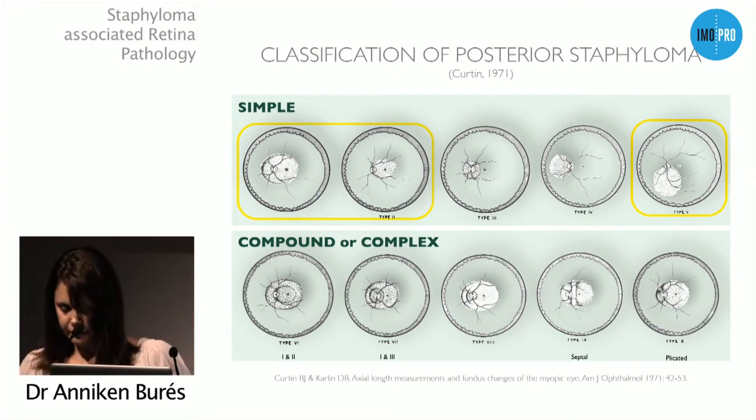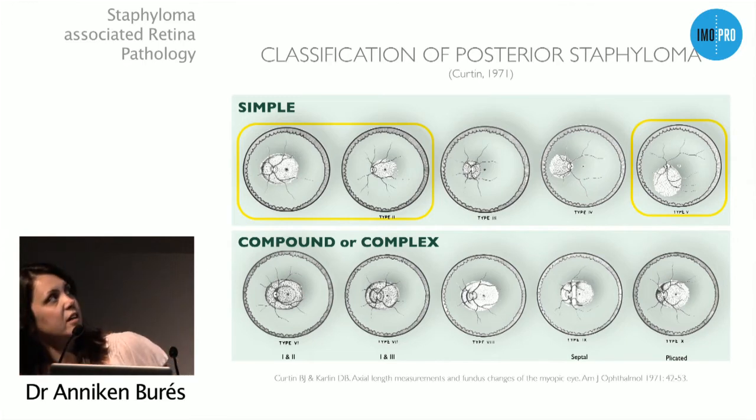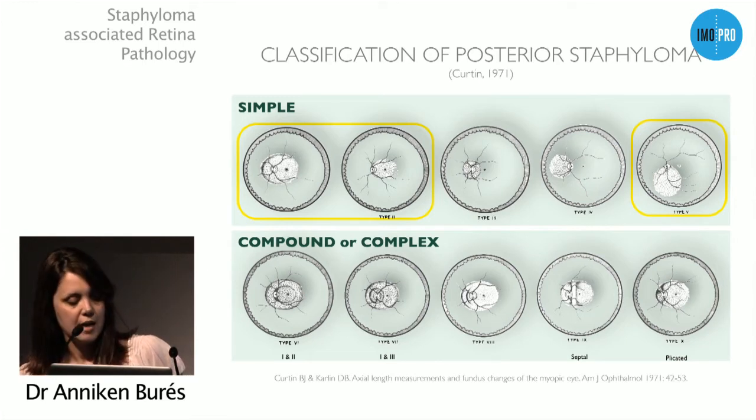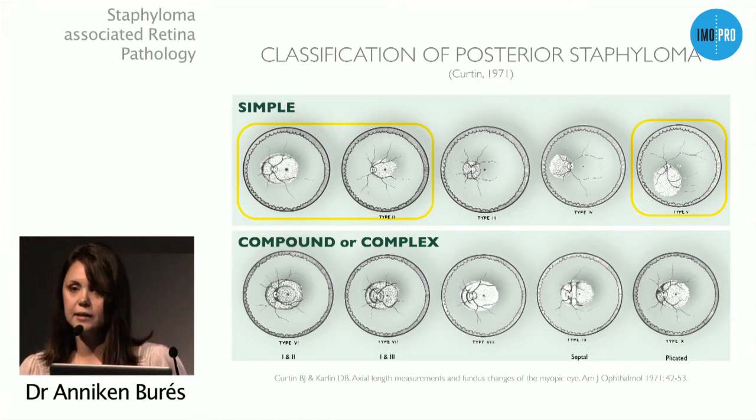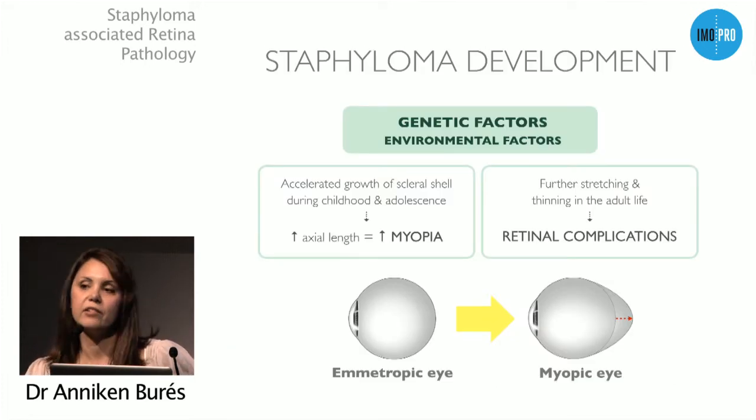As you see, Curtin proposed 5 simple types of staphyloma, and then 5 compound, complex, or combined staphylomas. As we will see later, the type of staphyloma or complications secondary to staphyloma will depend on what type of staphyloma the patient has.